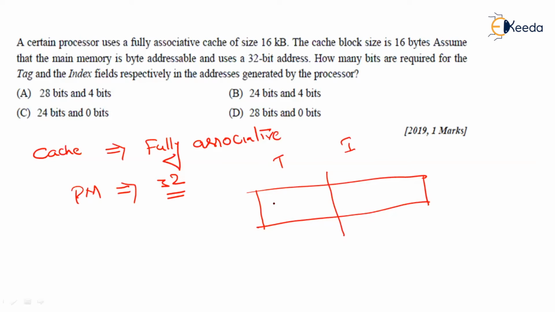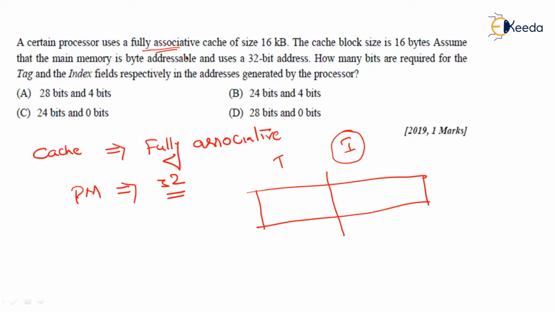But hold on, there is a catch here. This is fully associative, right? As this is fully associative, we know that there won't be any index portion at all, because a fully associative cache doesn't have addresses. If there are no addresses, there will be no index, because in the cache the addresses are called the index portion.